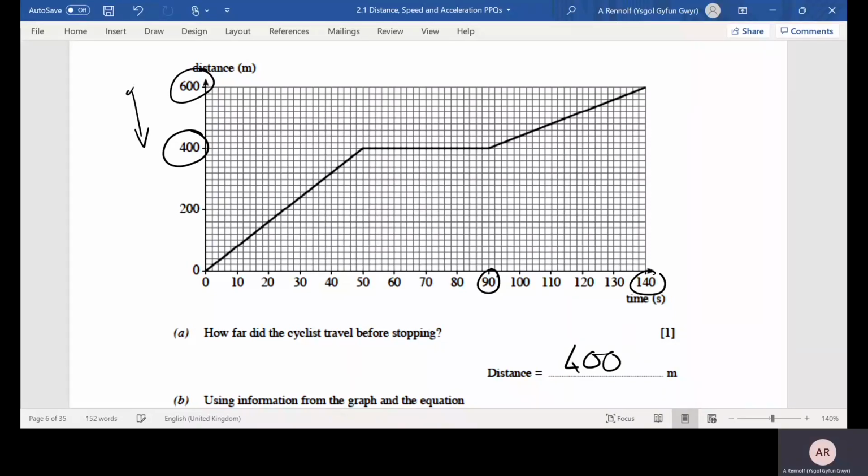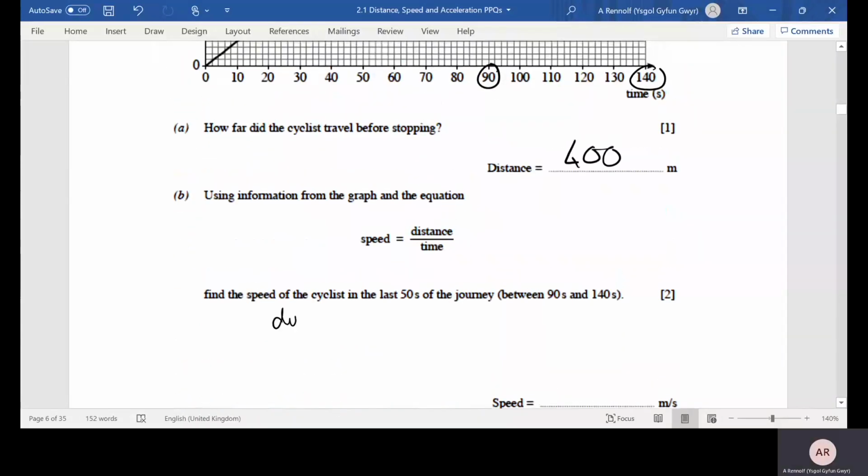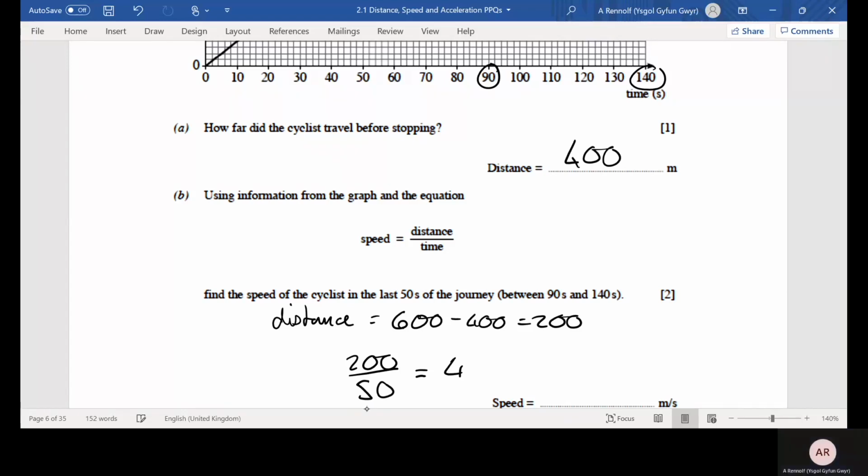So we know our distance traveled between those is 200. So distance is 600 minus 400, which is 200. And using distance over time, 200 divided by 50 gives us an answer of 4 meters per second.